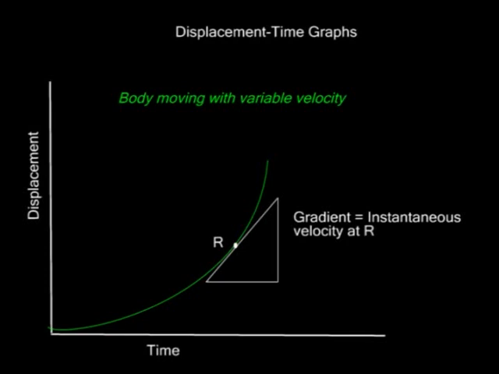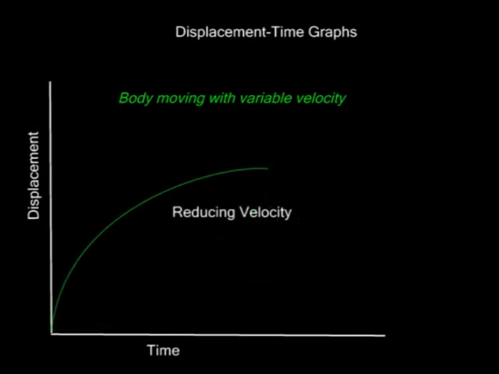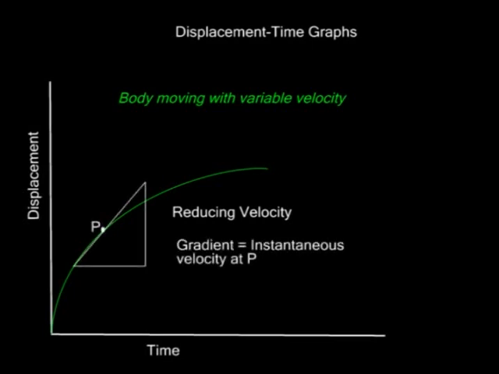When the velocity reduces, the curve is the reverse of this one. Once again, the velocity at point P, that is the instantaneous velocity, can be found by finding the gradient or slope of the tangent at P.